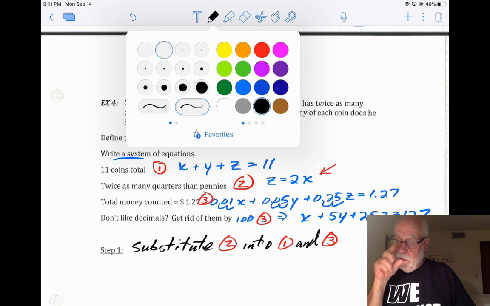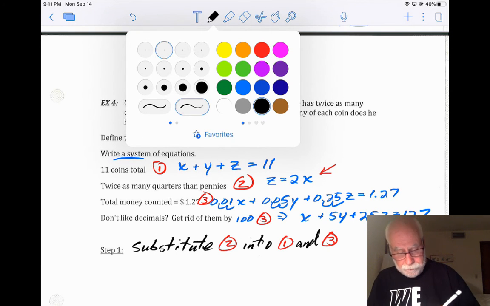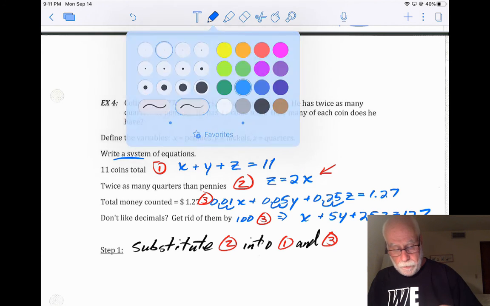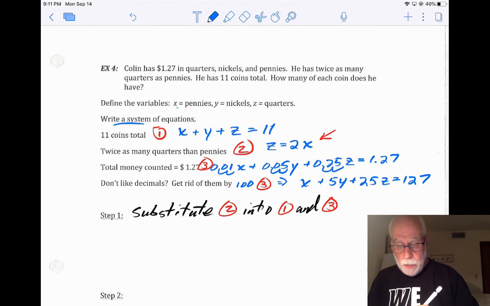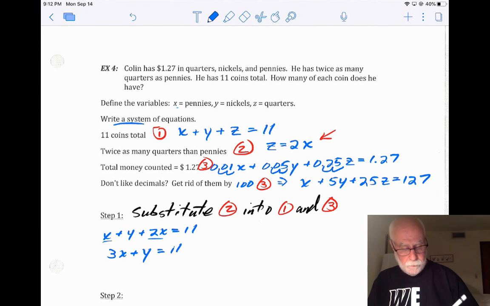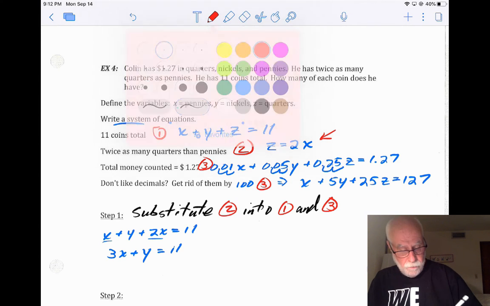All right. So on the first one, we're going to substitute in 2x for z. So on that one, we'll have x plus y plus 2x is equal to 11. Again, if we simplify that, we'll get 3x plus y is equal to 11. And that will be our equation 4.